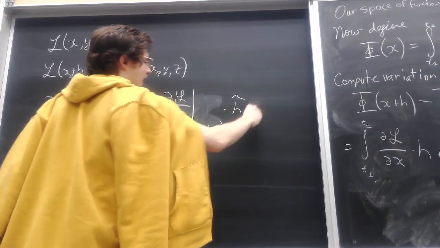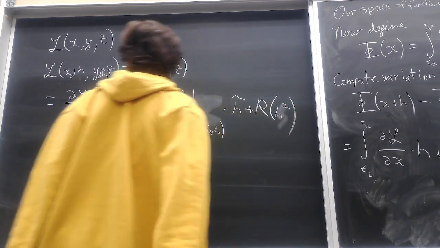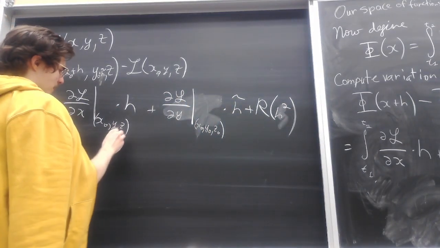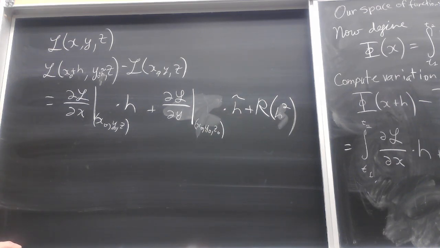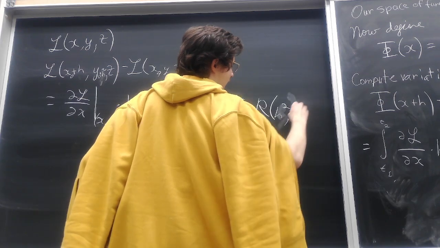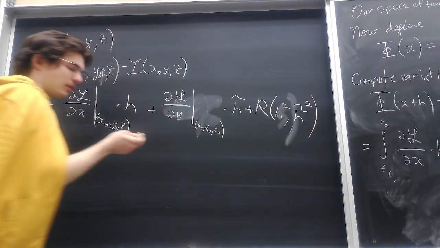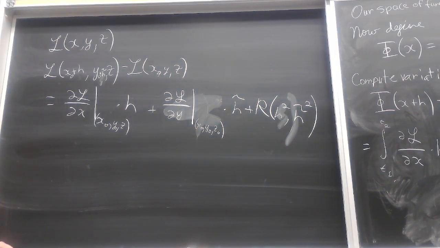And then I'll have a remainder of order h squared. Is it just h squared, or is it h squared times h squiggle squared? It's going to be quadratic in terms of both of them. Does that make sense?